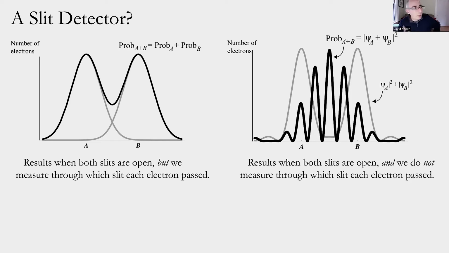It looks like the sum of two independent classical particle-like distributions. When we ask through which slit each individual particle passed, the particles give us a particle-like answer. They passed through either slit A or slit B and had correspondingly no interference pattern between those two options. On the other hand, when we don't even try to ask through which slit those individual particles passed, we remove that slit detector altogether, then we get back to the results that we'd already found, that when both slits are open, we get this characteristic wave-like interference pattern.